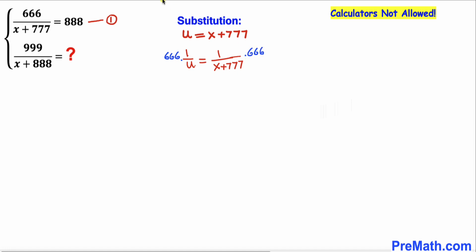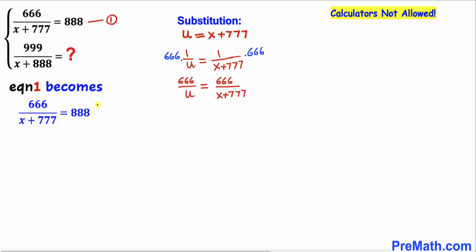So the left hand side is going to become 666 divided by u equal to 666 divided by x plus 777.